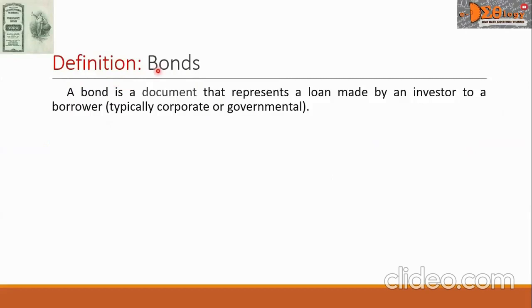Let us define bonds. A bond is a document that represents a loan made by an investor to a borrower, typically corporate or governmental.